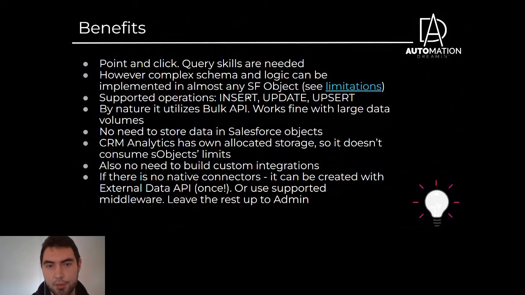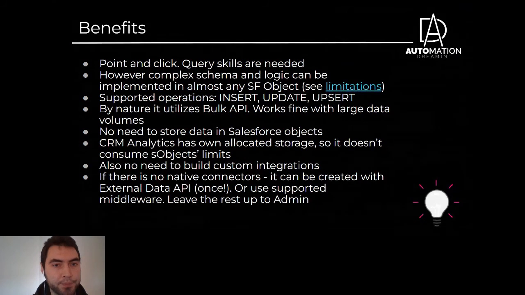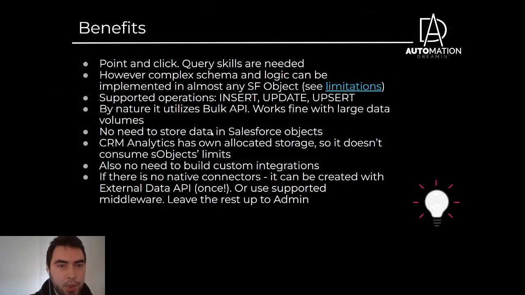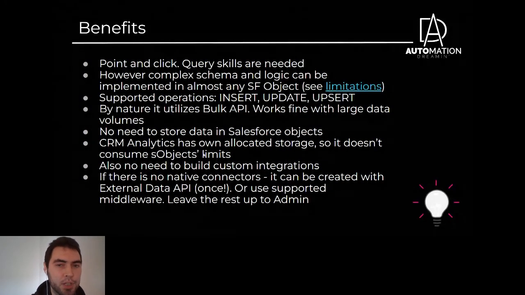Also, it supports insert, update, and upsert operators. Use of bulk API is a huge advantage, which allows working with large data volumes. Also, there is no need to store data in Salesforce objects, because CRM Analytics has its own storage where limits are way higher than in objects.